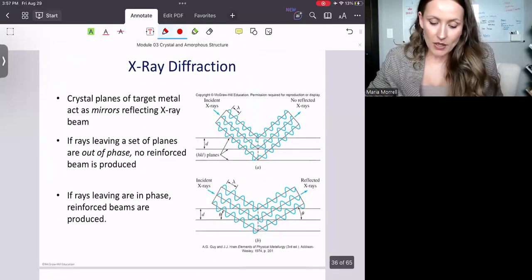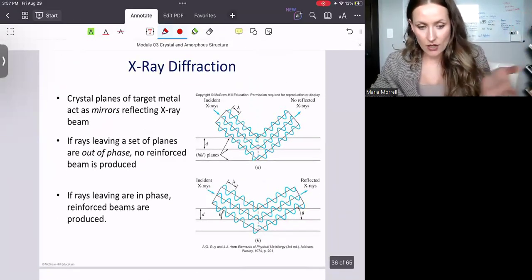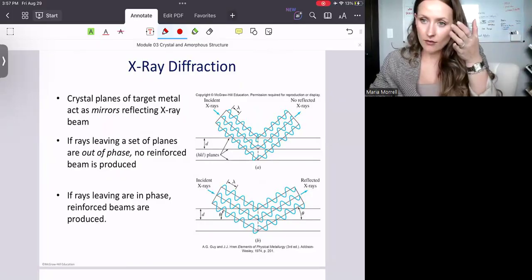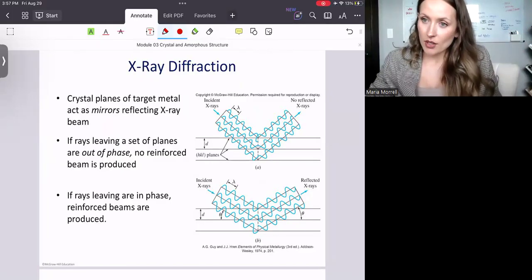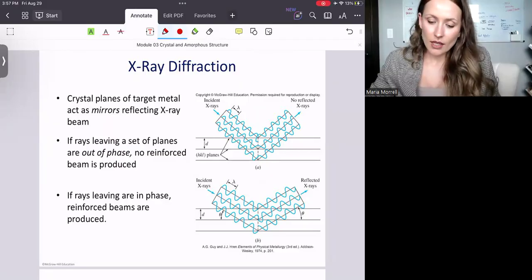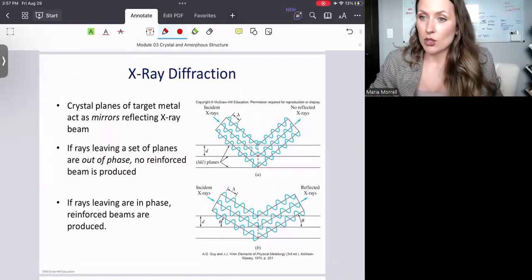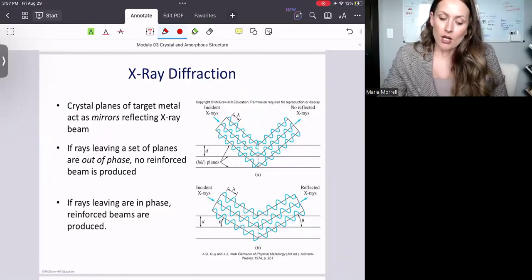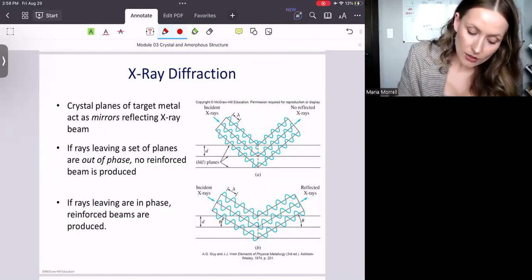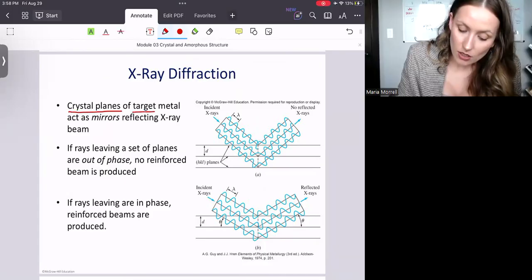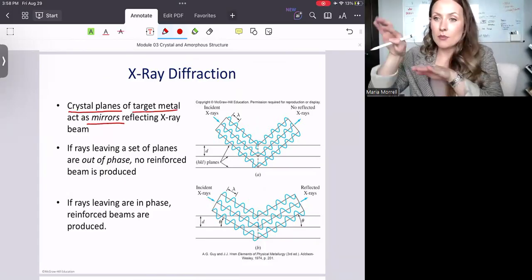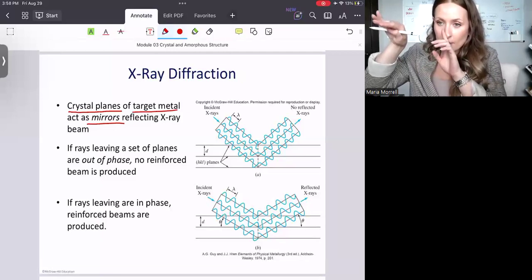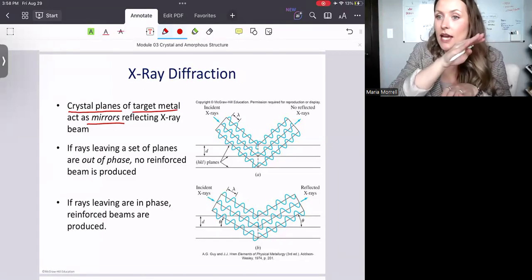All right. Now that these X-rays are emitted off the surface, there are a few things that can happen to them, and there are a few things that we can learn by using those X-rays. So something to keep in mind is that the crystal planes of the target metal act as mirrors, meaning that they basically reflect the X-ray beam.